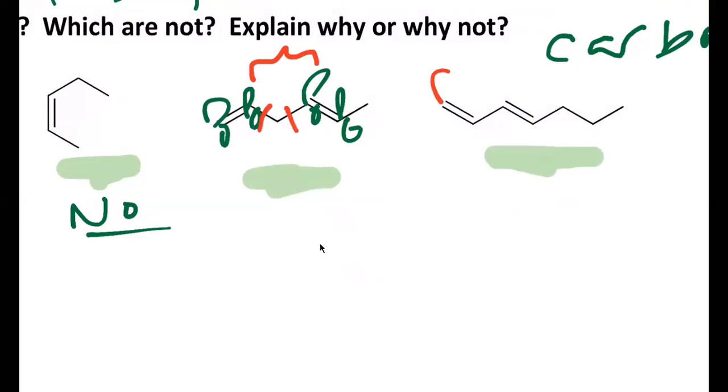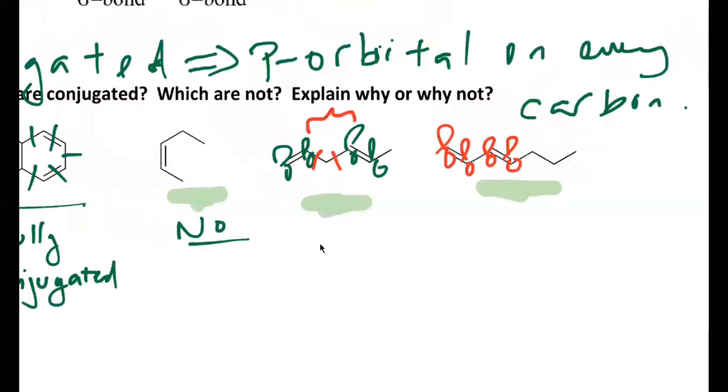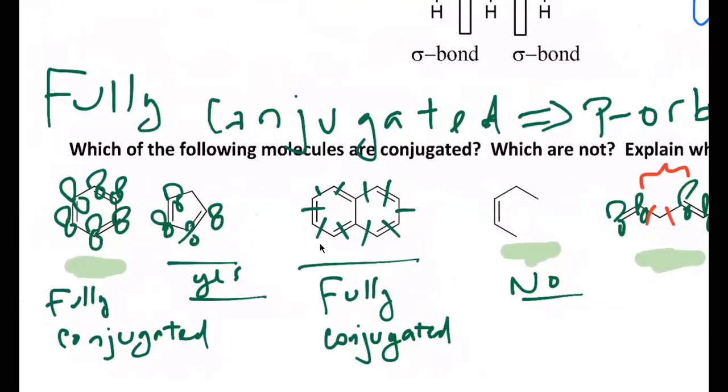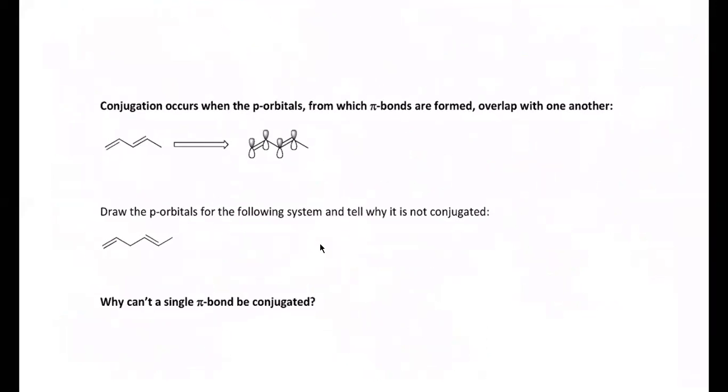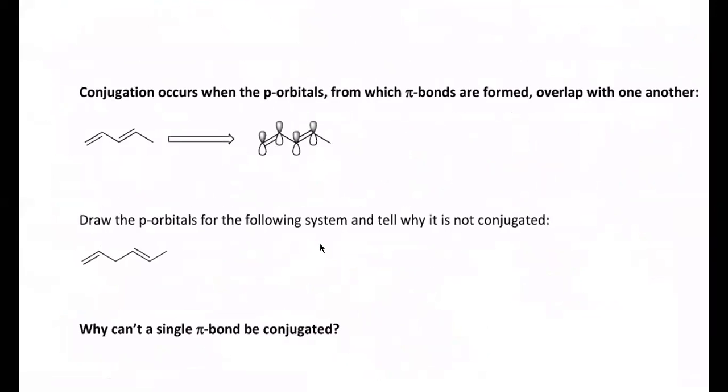You can put the p orbitals in, and you can see that there's alternating double and single or pi and sigma bonds in that system. Right? So when you have a conjugated system, I think it should have been in the video, but when you have a conjugated system, conjugation is a concept of what we call molecular orbital theory.